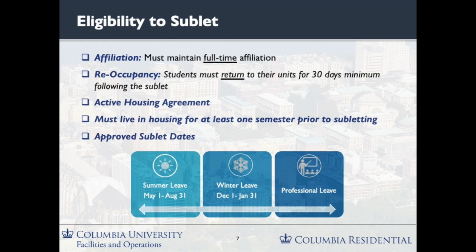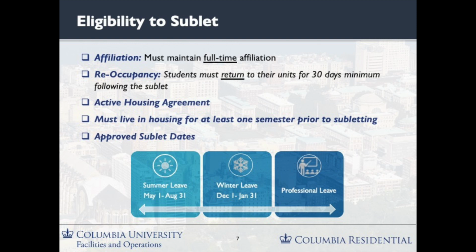If you are planning to sublet during these periods, you will not be required to get approval from your school or your academic department. So in this case, even if the reason that you're going is an externship or some professional opportunity, during summer and winter leave, you're going to want to select that from the dropdown as the reason, so that you don't have to go through the steps of getting that additional approval.